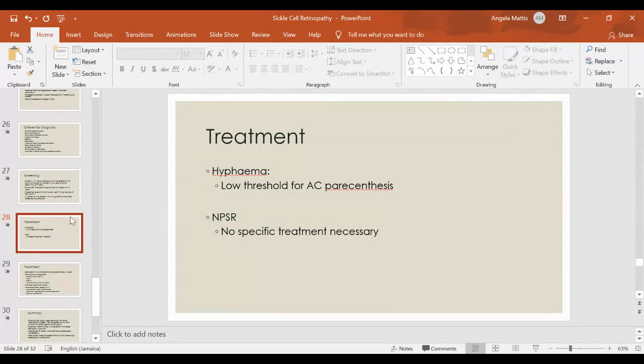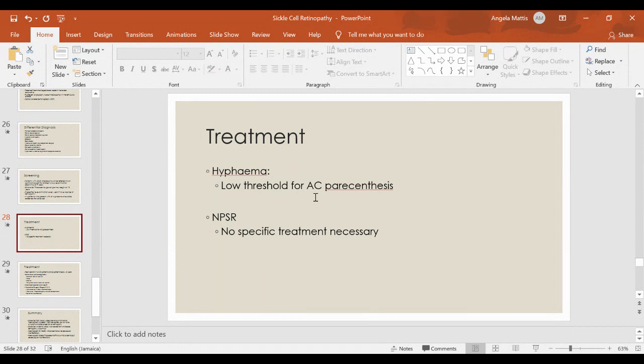That's what I mean here when I talk about the anterior chamber paracentesis. We want to wash out that blood. We want to wash out all those sickle cells because the optic nerve of sicklers, both the SS and the SC patients, is very, very susceptible to high intraocular pressures, and they end up with optic atrophy very, very quickly if that intraocular pressure remains high for a long time.